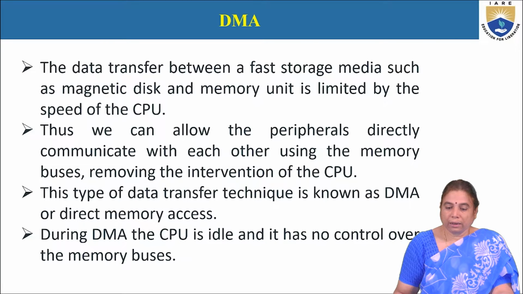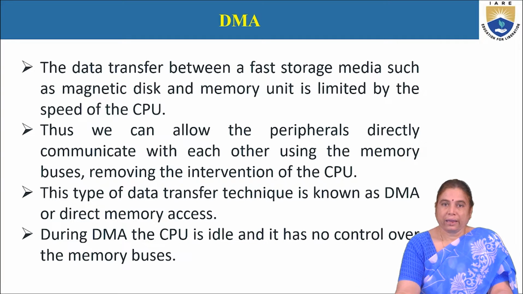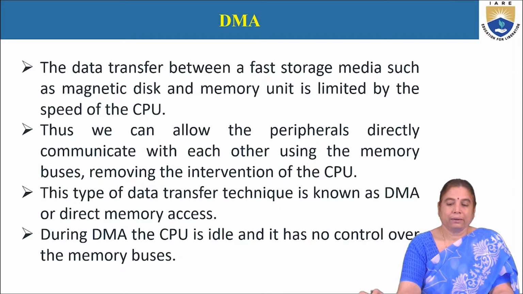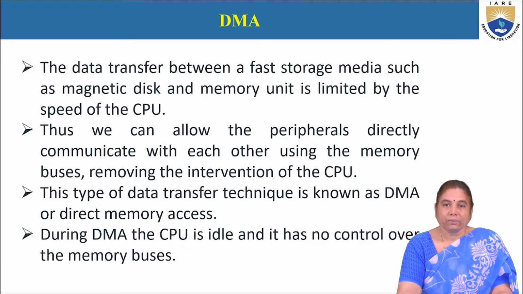And the third method of data transfer is DMA, direct memory access. As the name implies, data transfer from the peripheral devices to the memory takes place by mitigating the CPU intervention during the input-output data transfer. The data transfer between a fast storage medium such as a magnetic disk and the memory unit is limited by the speed of the CPU.